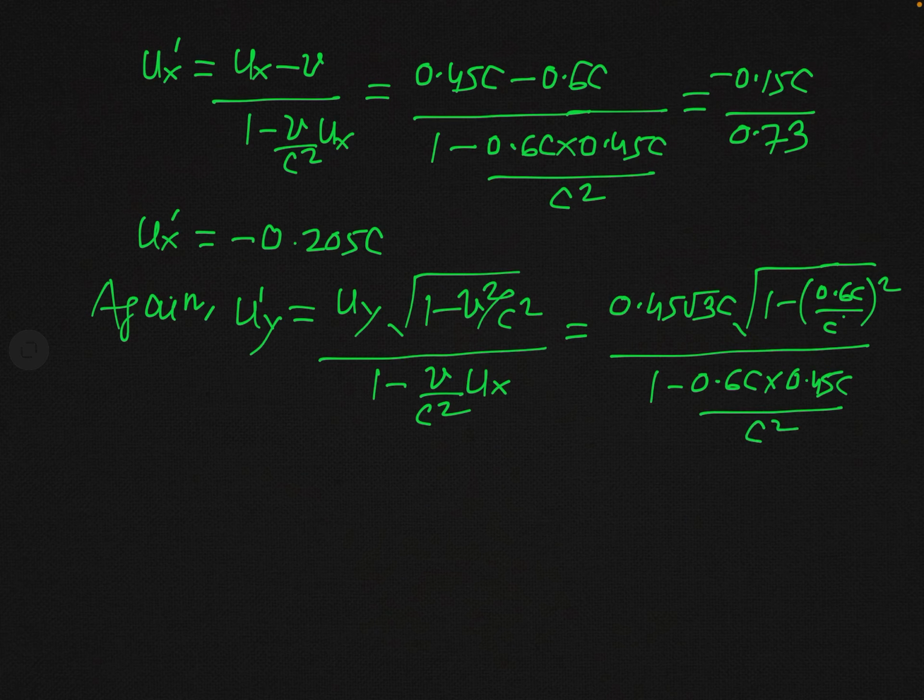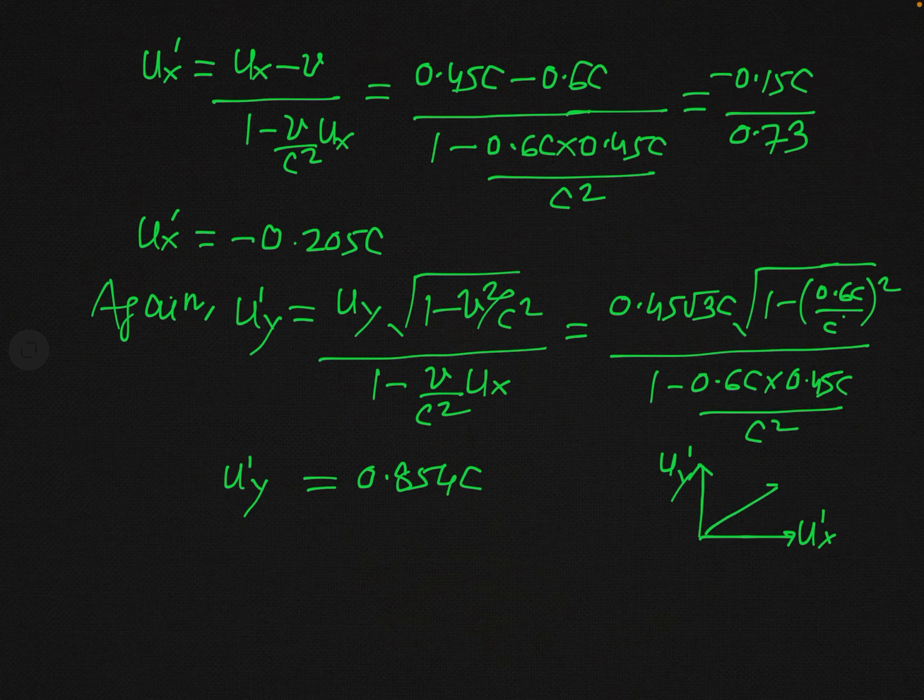So when you simplify this, your result will be u prime y equal to 0.854c. So actually we have obtained the components of velocity of spaceship S2 with respect to spaceship S1. Here this is u prime x and this is u prime y.